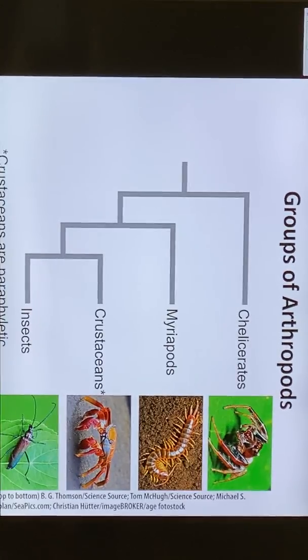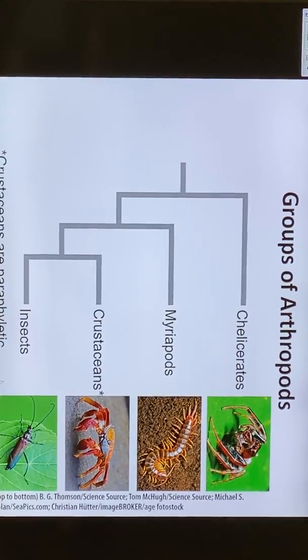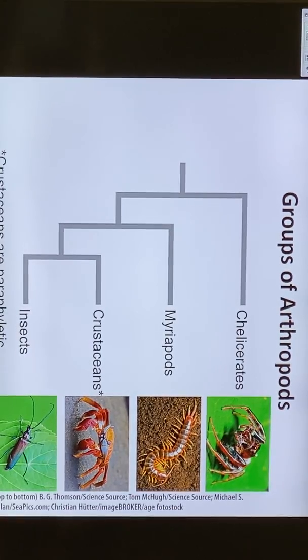They are closely related to the insects. Insects are the most abundant animal on this planet, right? So the insects are characterized by having 3 pairs of walking legs, and usually also wings. But many of the insects have lost wings during their development. Now, there are related groups, the myriapods and chelicerates.